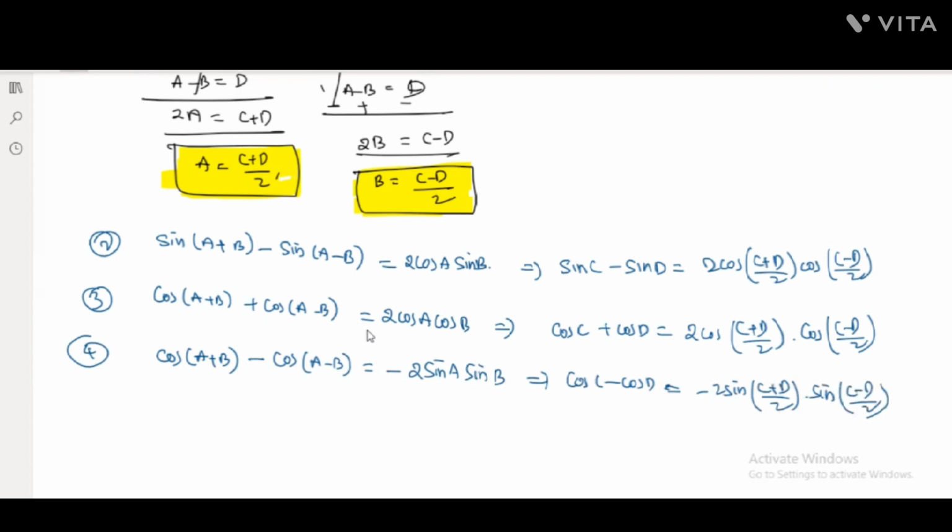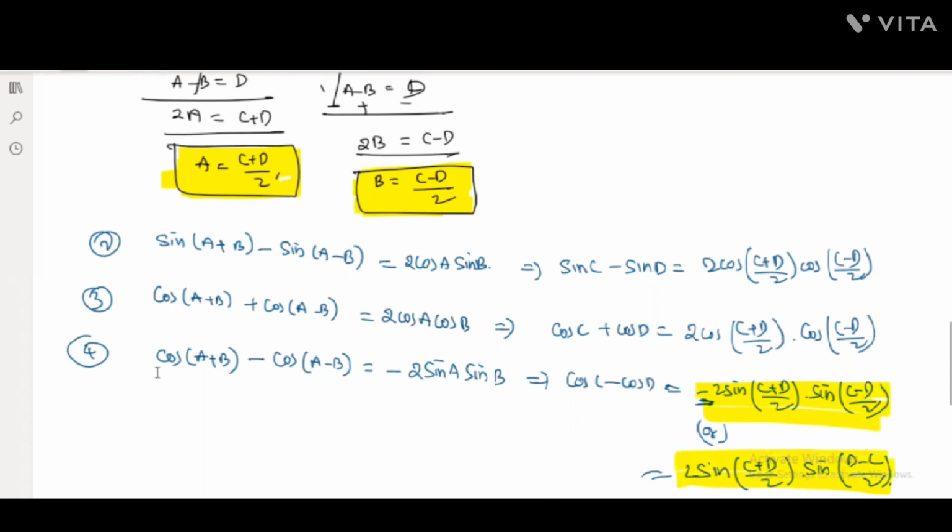Another way we can also write this formula, when this becomes plus: 2 sin C plus D by 2 as usual, and here C minus D will become D minus C by 2. So for cos C minus cos D, we can write the formula like this, or like this also. Two different ways we can write.